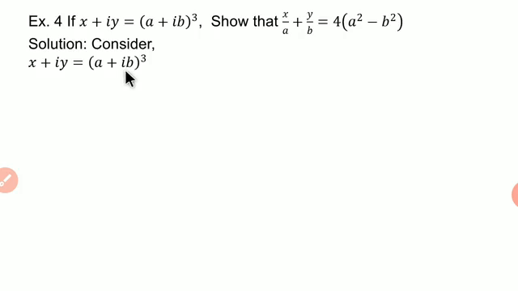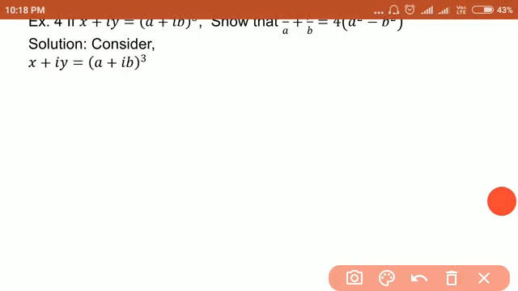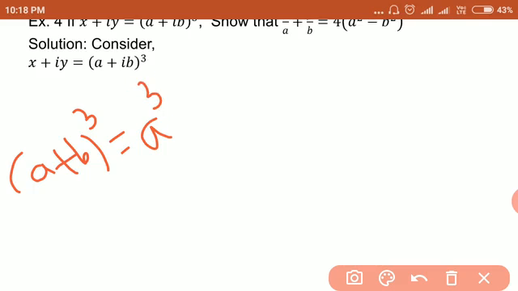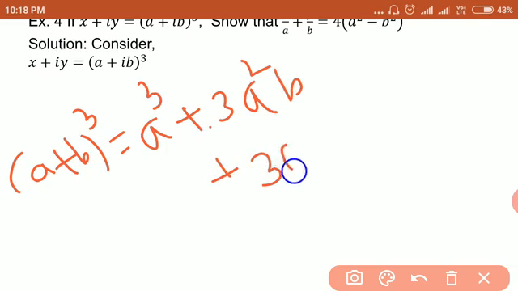Now open this cube here first by using the (a plus b) bracket cube formula. Remember that formula here: (a plus b) bracket cube is equal to a cube plus 3a square b plus 3ab square plus b cube.